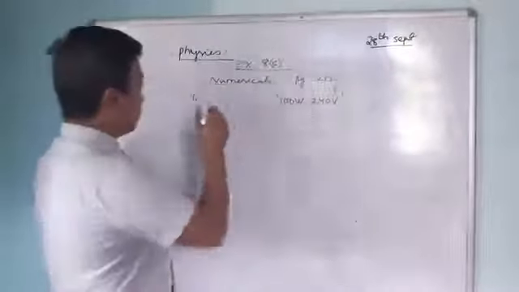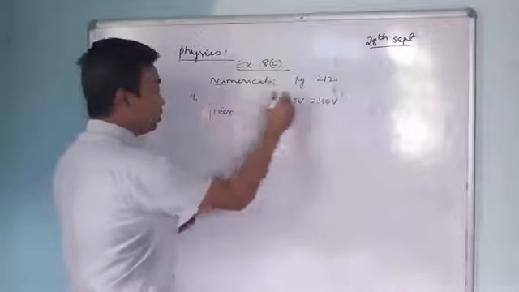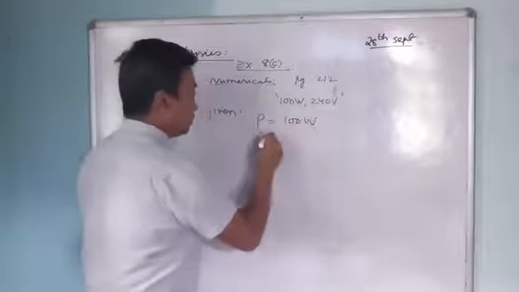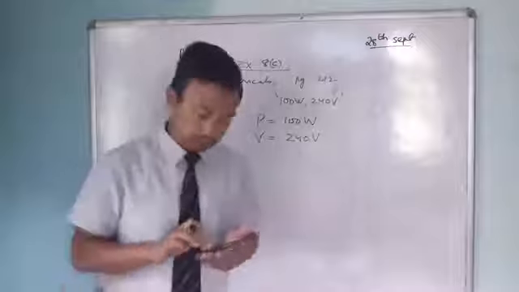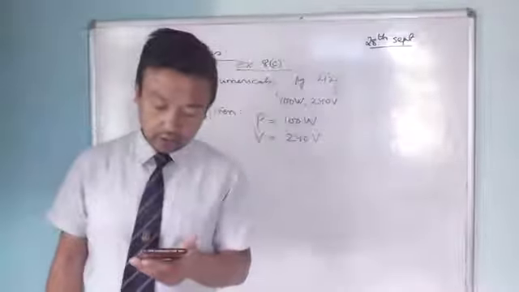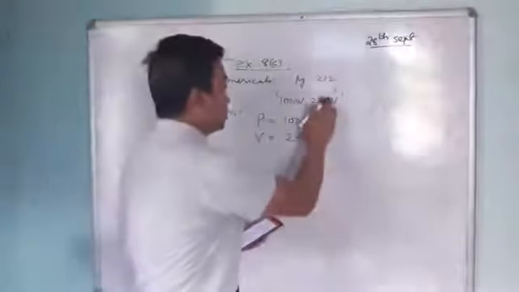So from this question, what you understand is that power is given to you as 100 watt, and the voltage or the potential difference is given to you as 240 volt. How much current will the bulb draw if it is connected to, sorry, it is 250, not 240.